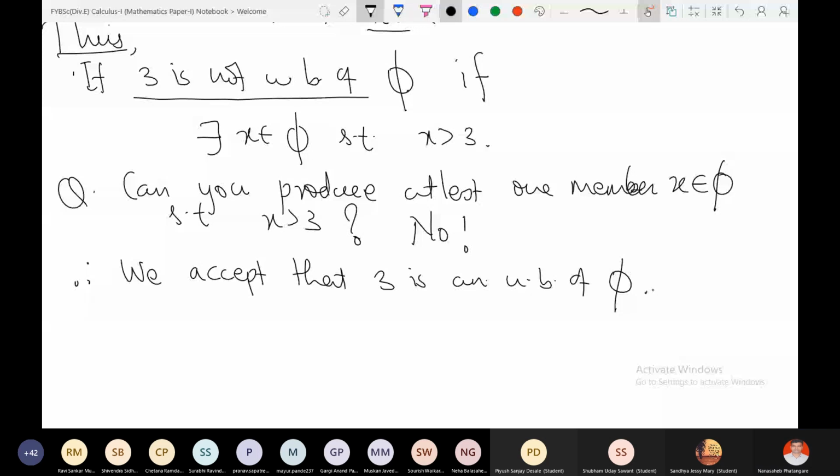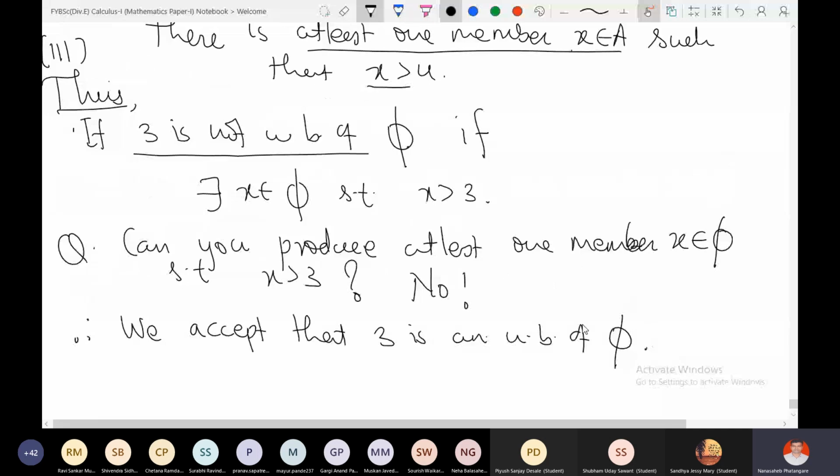There are many such situations where we use the same kind of logic, unless you produce a counterexample. Fine. And therefore 3 is an upper bound.